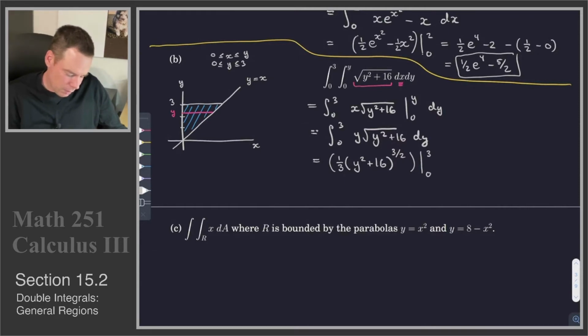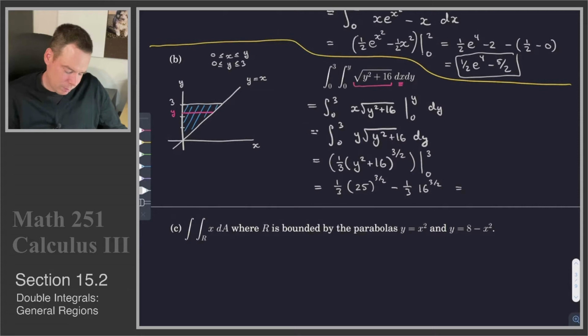So we've got our antiderivative, and now we'll evaluate it at our endpoints. So that's going to be 1/3, 3 squared plus 16, so that's 9 plus 16, or 25 to the 3/2, and then that's minus 1/3, 0 plugged in, so that's 16 to the 3/2.